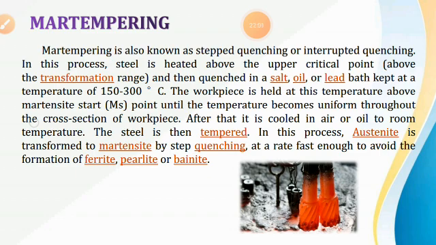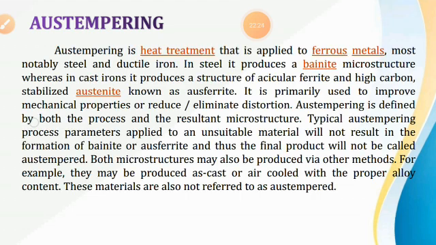In the mar tempering heat treatment process, austenite is transformed to martensite by step quenching at a rate fast enough to avoid the formation of ferrite, pearlite, and bainite. This is all about the mar tempering heat treatment process.